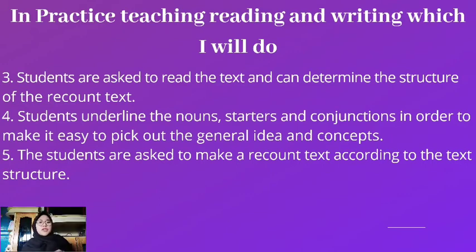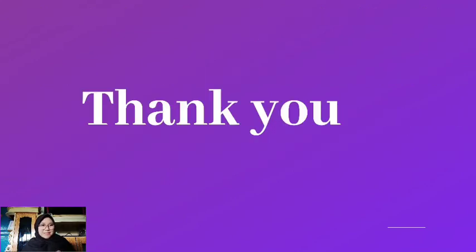Then after students read the text, they underline the nouns, starters, and conjunctions in order to make it easy to pick out the general idea and concept. And the last one, for the writing activity, students are asked to make a recount text according to the generic structures. Alright guys, that's what I'm going to do when teaching reading and writing.